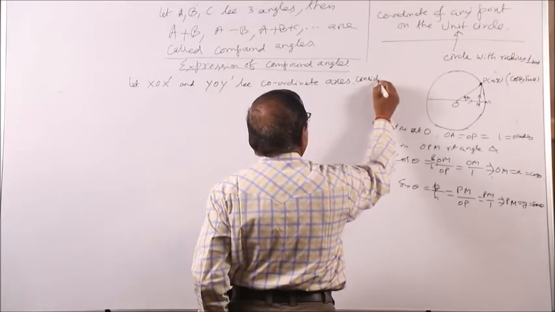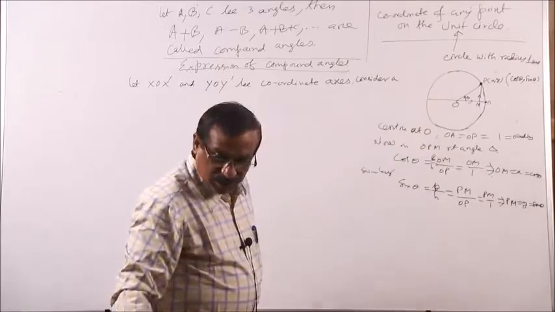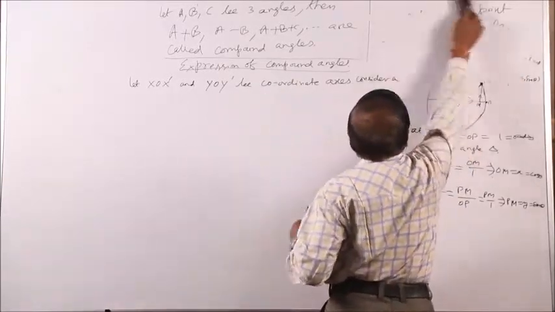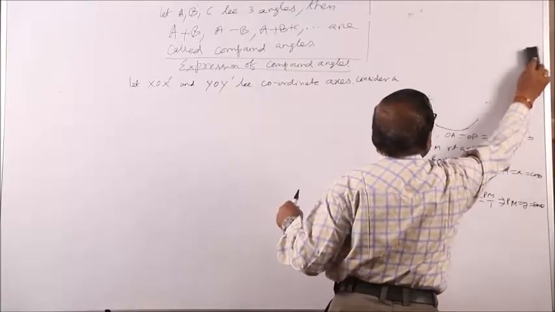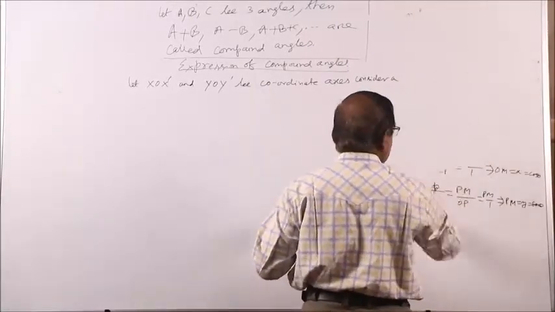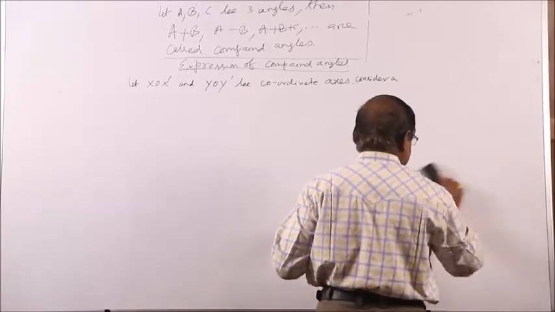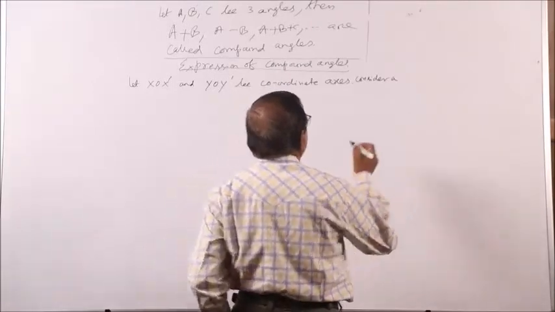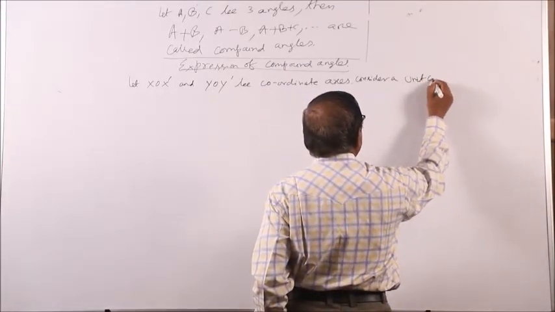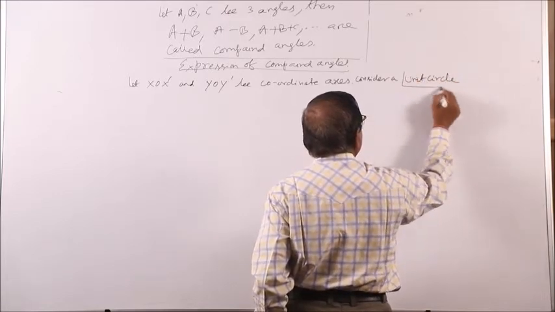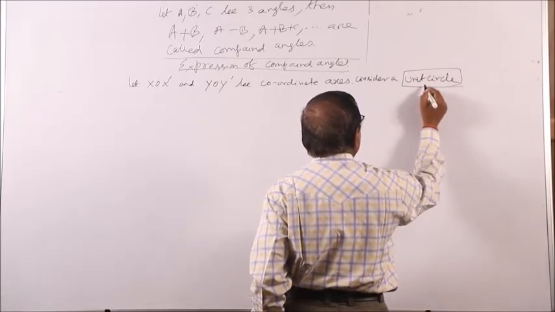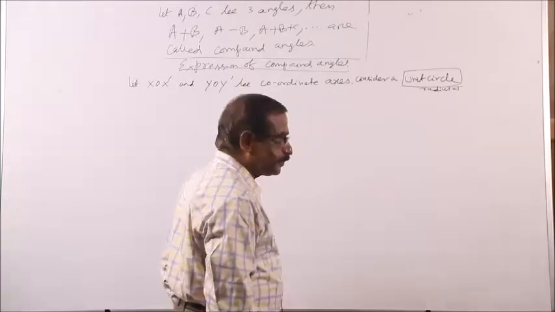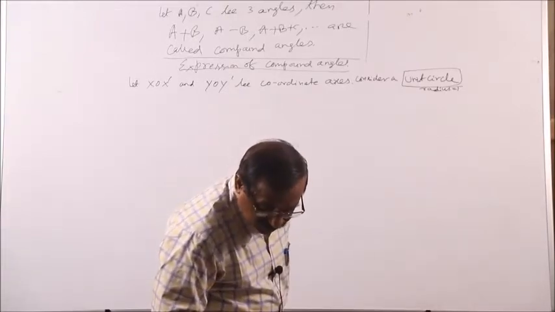Consider a unit circle like this, that we have just discussed. I will put it in this coordinate system and we will derive the compound angle there. You may be interested or may not be interested. Consider a unit circle, again I am emphasizing unit circle because this circle has radius 1.